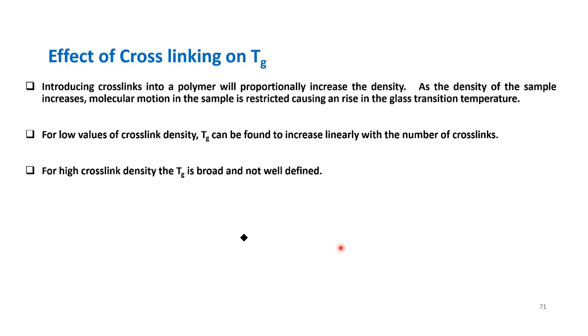Therefore, the glass transition will increase. For low values of cross-linking density, the Tg can be found increasing linearly with the number of cross-links. So as we increase the cross-link density, the Tg value will also increase linearly. And for high cross-linking, the Tg will be broad and will not be very well defined in those cases.